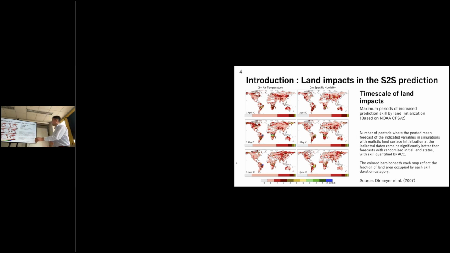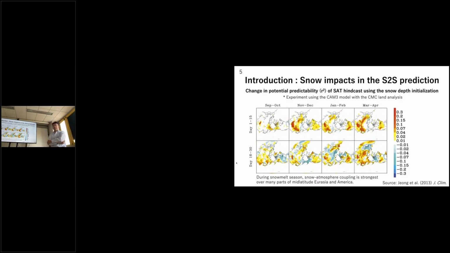I would like to show how the snow conditions actually have an impact in seasonal and regions in this topic. Usually, in previous studies, we often use the model sensitivity experiment to investigate the land impacts for S2S prediction. This is one example from a paper by John et al. published in Journal of Climate.